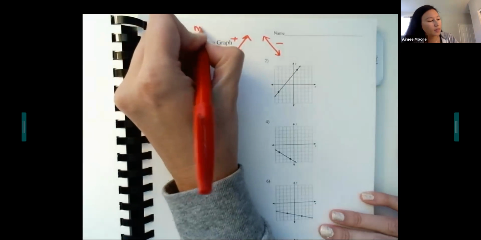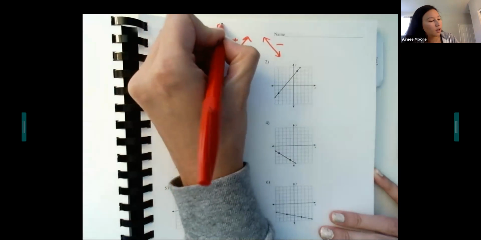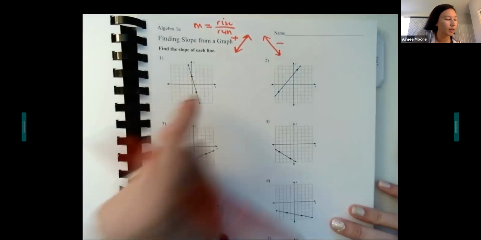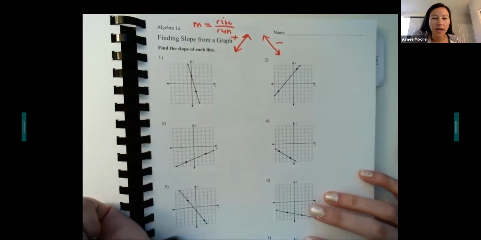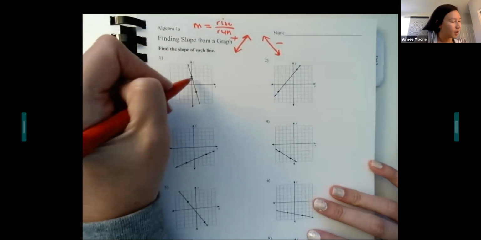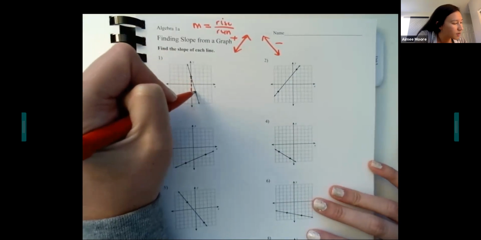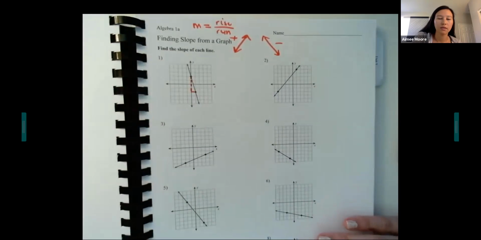And then we know that the slope equals the rise over the run. This assignment's nice because it already gave us the 2 nice points, so all we have to do is draw our slope triangle. Remember, you have to form a right triangle with those 2 points. Any questions so far?